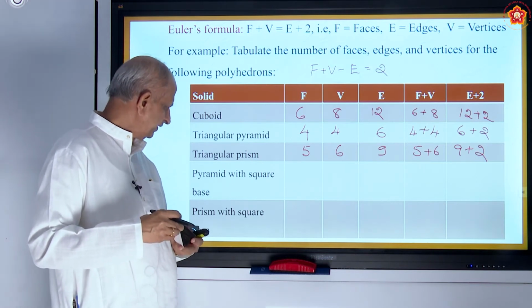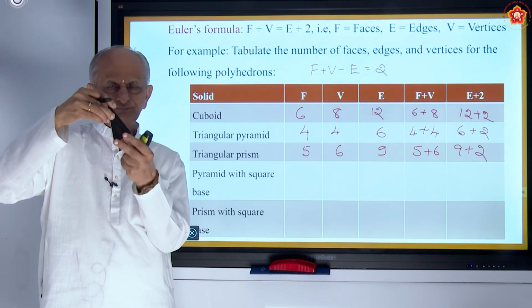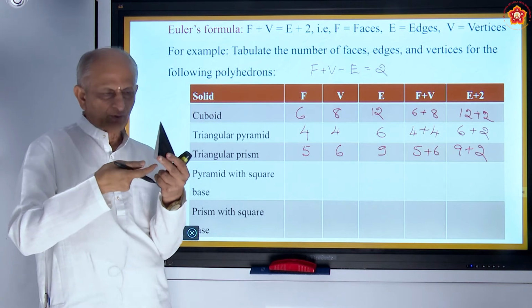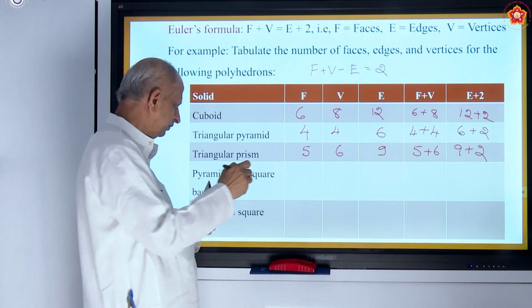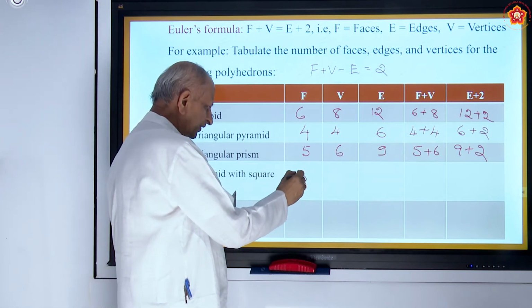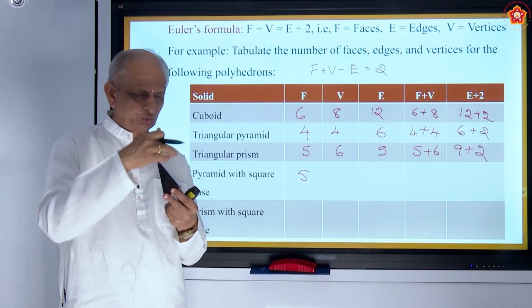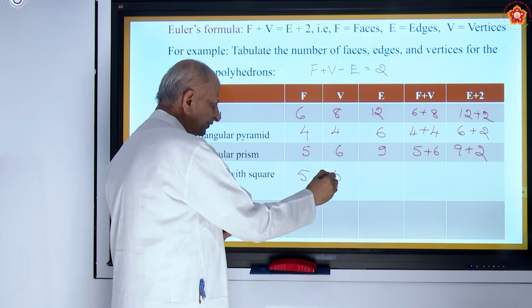Coming to pyramid with the square base. And it has how many faces? 1 at the bottom, 4 at the surrounding. So 1 plus 4, 5 faces. How many vertices? 1, 2, 3, 4, 5. So 5 vertices.